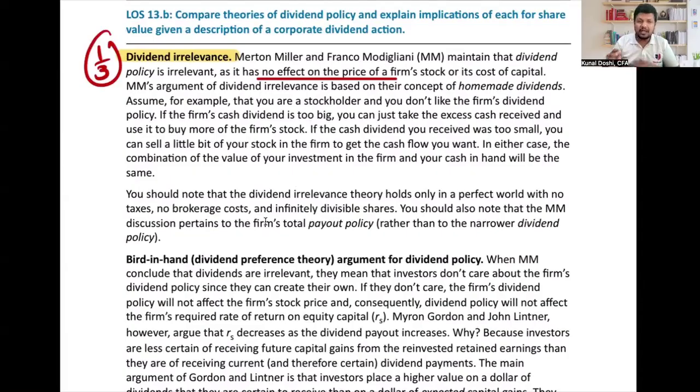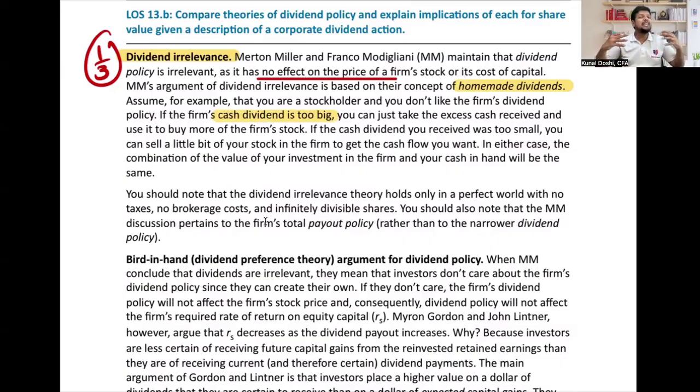They said something very interesting, that dividend is a homemade dividend. What is this concept of homemade dividend? Very interesting. Now, hear it out carefully. It's all written here. But suppose the company pays too much of cash dividend, which you didn't want, right? Well, who's stopping you from reinvesting that dividend back into the company? It's very easy, right?